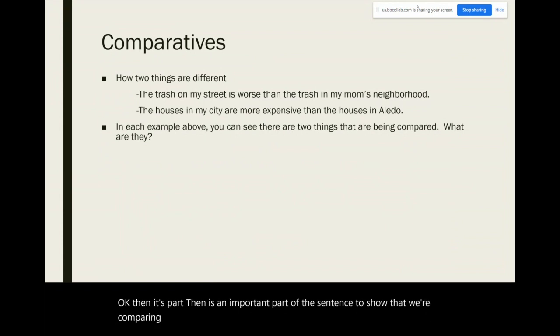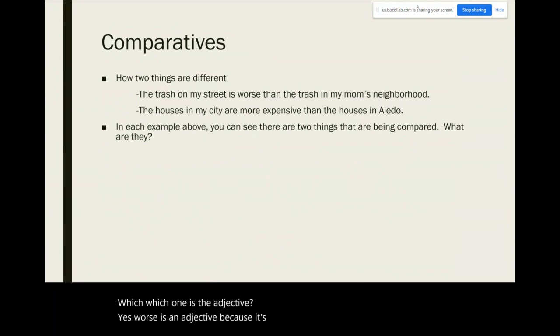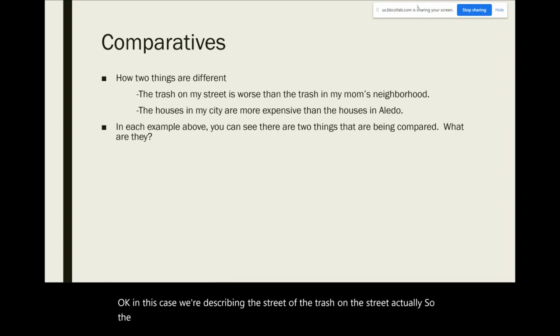Do you see the comparative adjective? Which one is an adjective? Worse. Yes. Worse is an adjective because it's describing things. Okay, in this case, we're describing the street, the trash on the street, actually. Okay, so the condition of the trash, that's what we're describing.